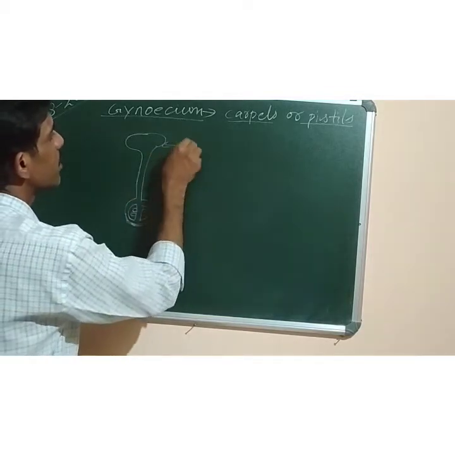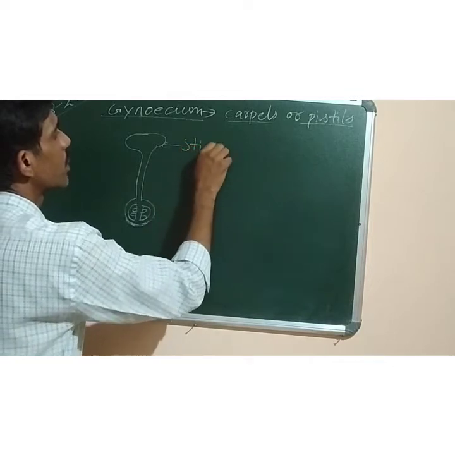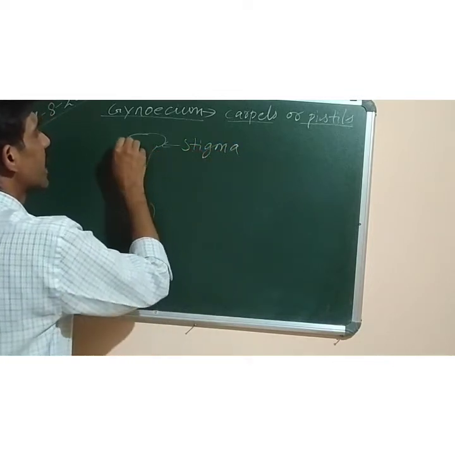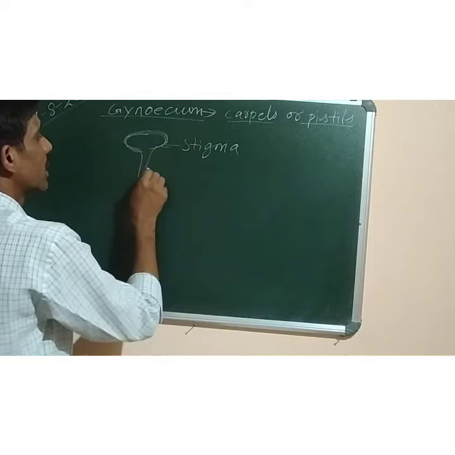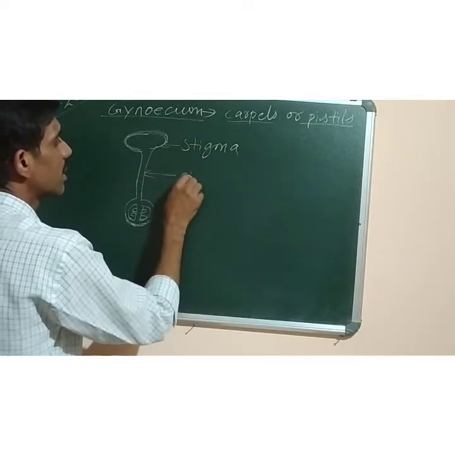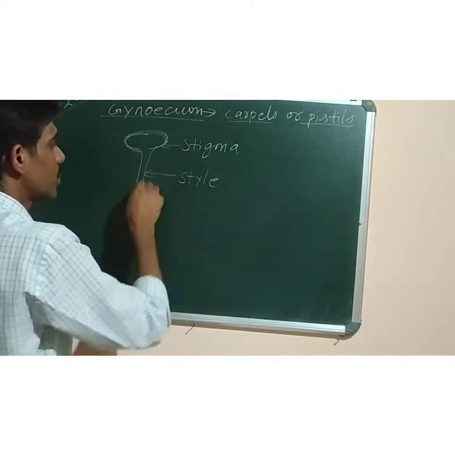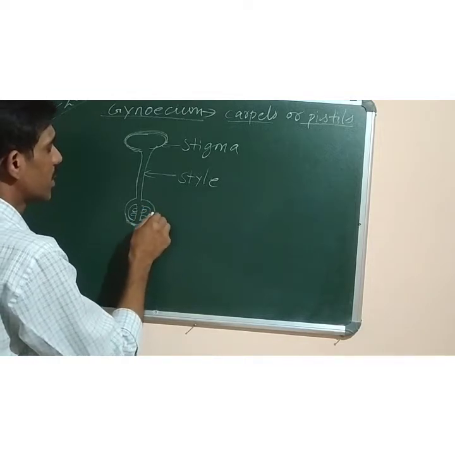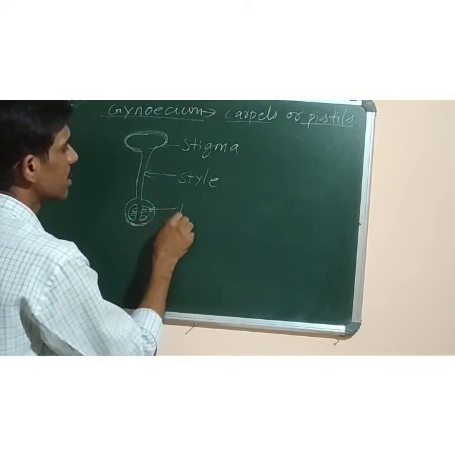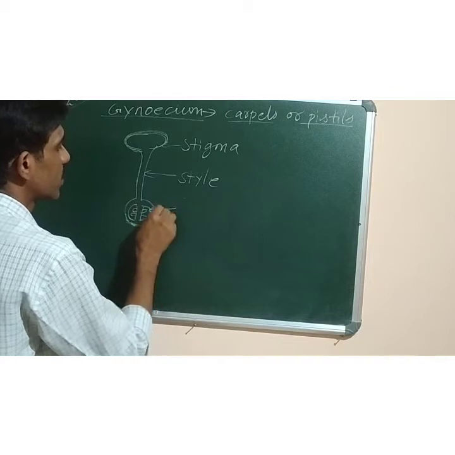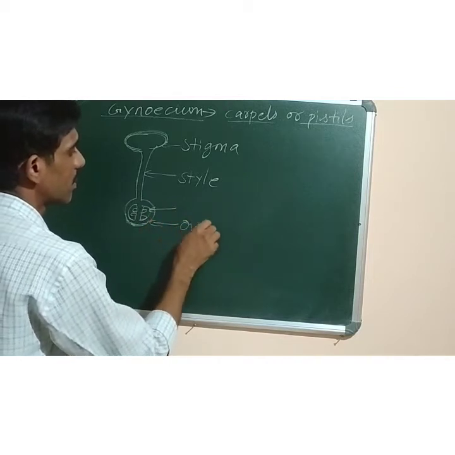This one is stigma, the one which receives the pollen grains, broad, flat, sticky. This one is the long style through which the pollen tube will enter inside the embryo sac, and this one is the ovule. This one is the ovary.